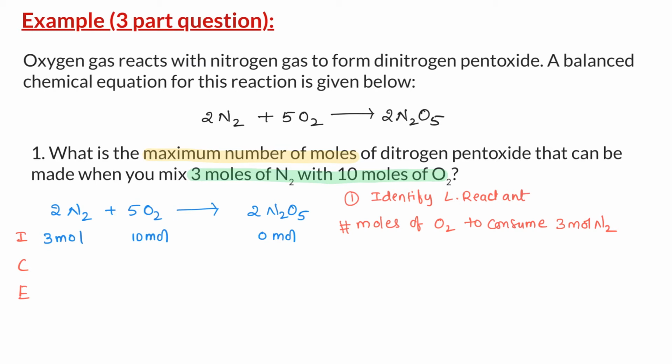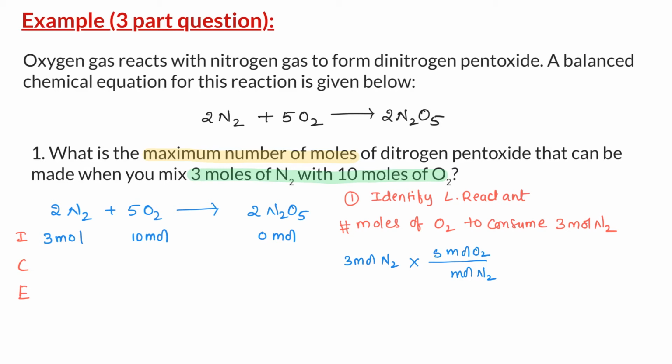According to the equation, 2 moles of nitrogen can react with 5 moles of oxygen. We can use this as a conversion factor. We start with 3 moles of nitrogen and multiply it with a conversion factor that has moles of nitrogen in the denominator and moles of oxygen in the numerator.